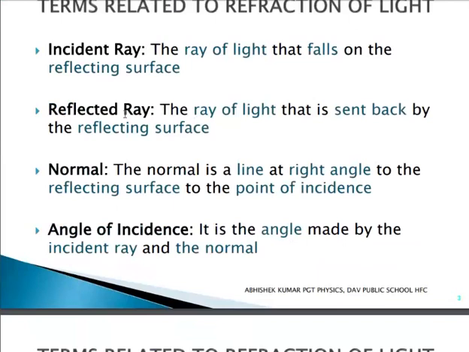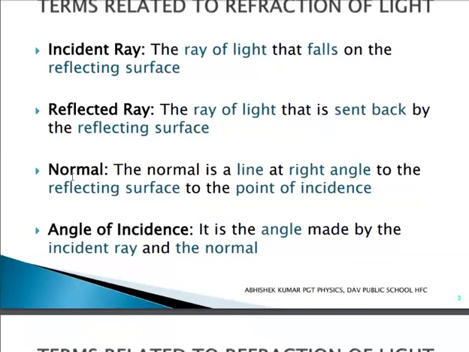Similarly, reflected or refracted ray: the ray of light that is sent back by the reflecting surface into the same medium is called reflected ray.